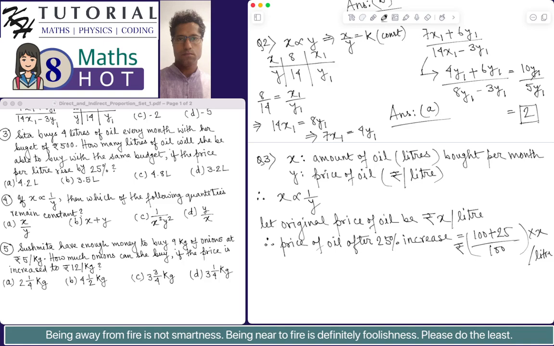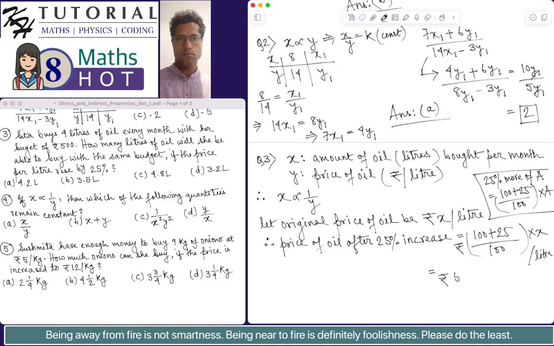That is, the concept applied is 25% more. This is a concept of percentage: 25% more of any quantity, let's say A, is equal to (100 + 25)/100 multiplied by A. If you simplify, 100 plus 25 is 125, and 125 by 100 is 5 by 4.